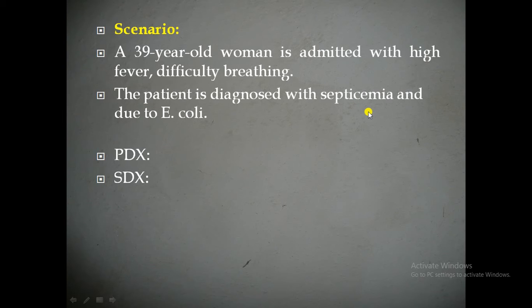Septicemia is nothing but sepsis. Sepsis and septicemia are the same, so don't get confused here. The sepsis is because of E. coli, that is the underlying infection. So how do we code this? Now we will see.